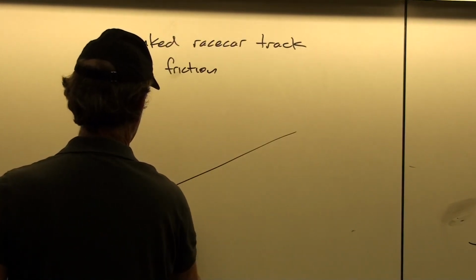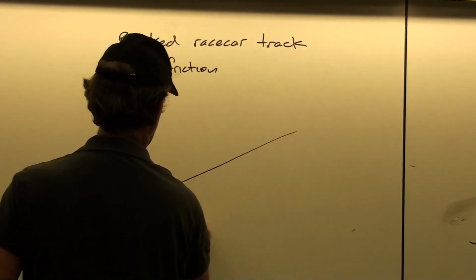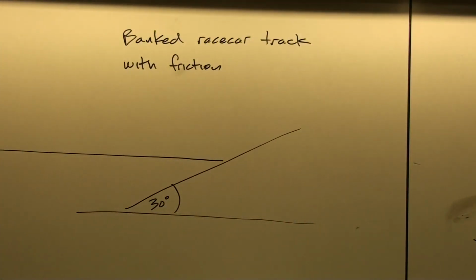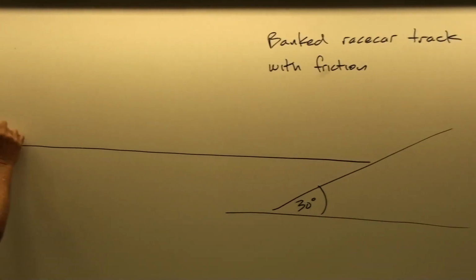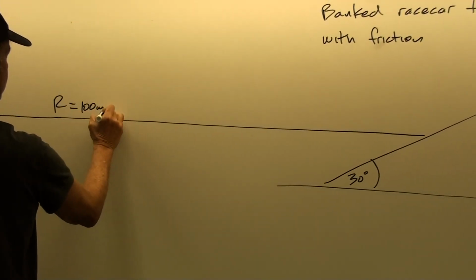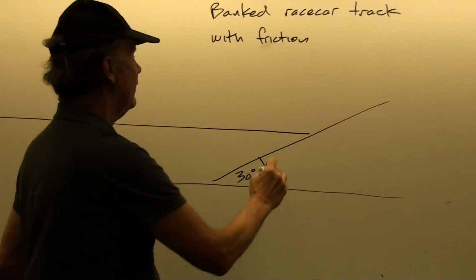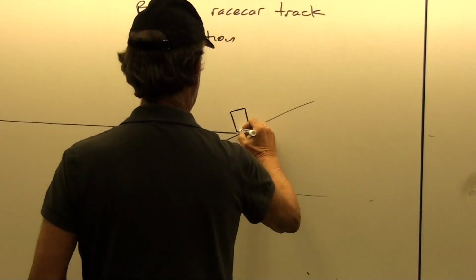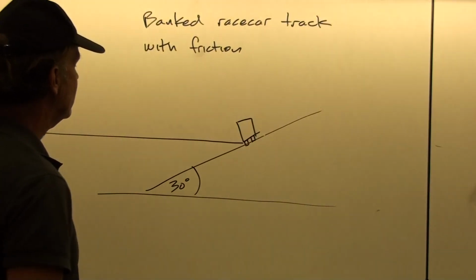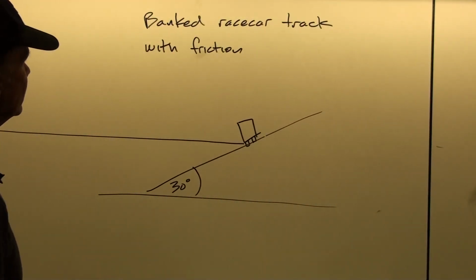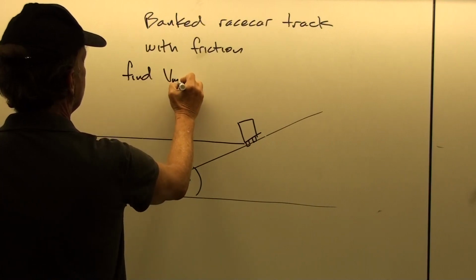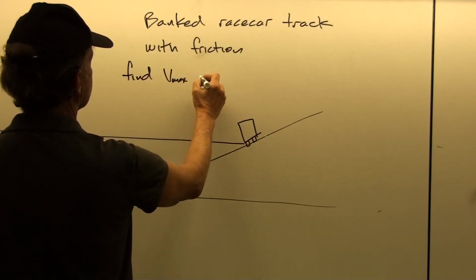So let's make the angle of inclination 30 again. Make the radius r. Make that 100 meters if we want. And then let's ask now, what's the maximum speed that I can go on this circular track before the car starts to slip?